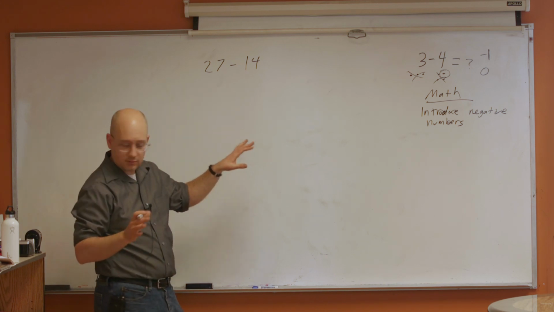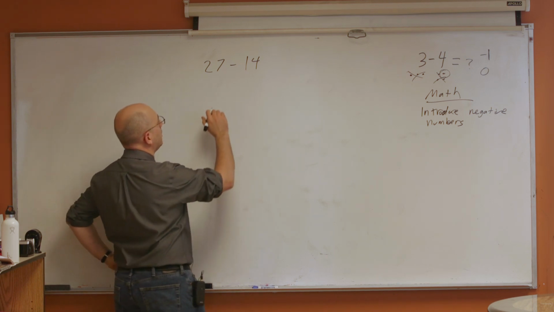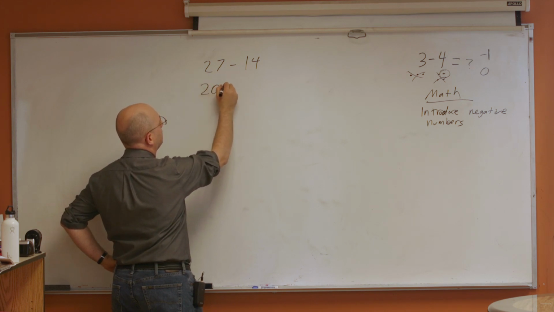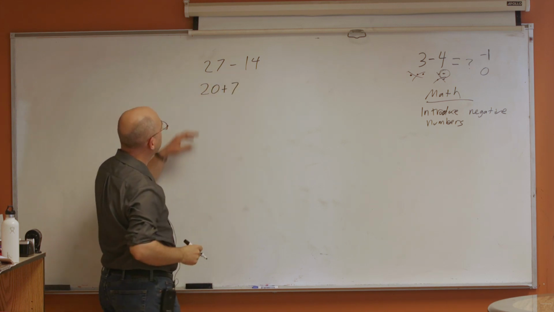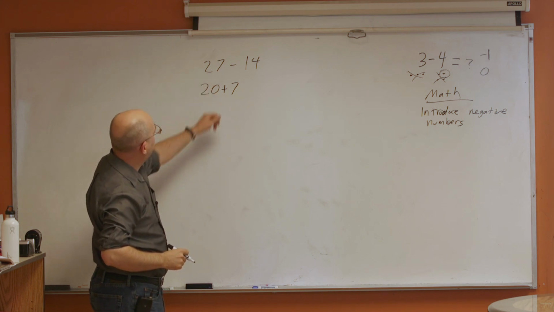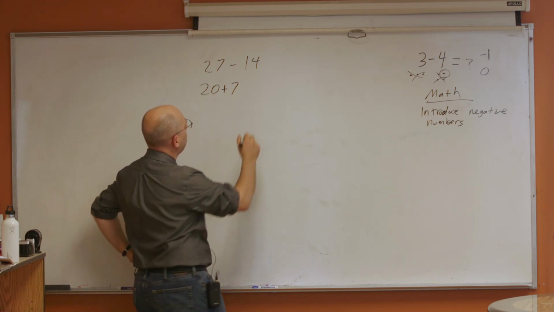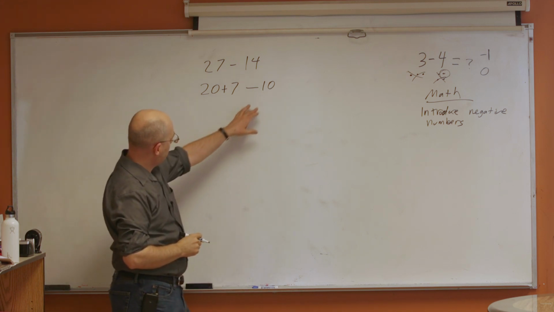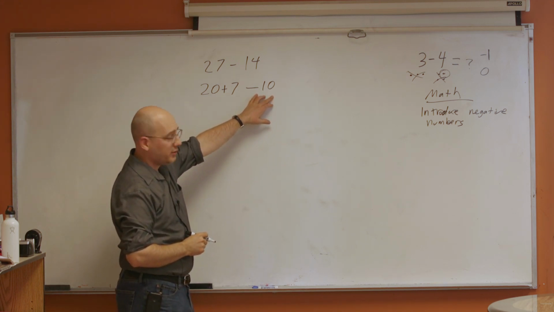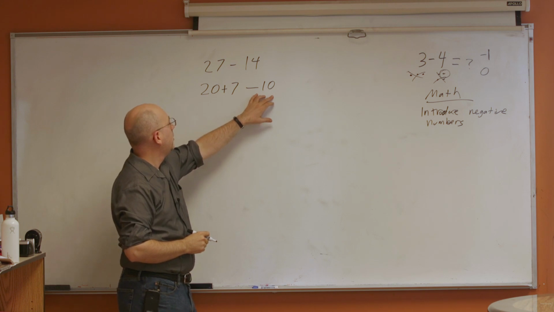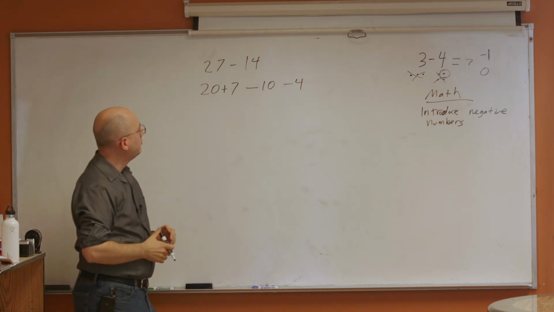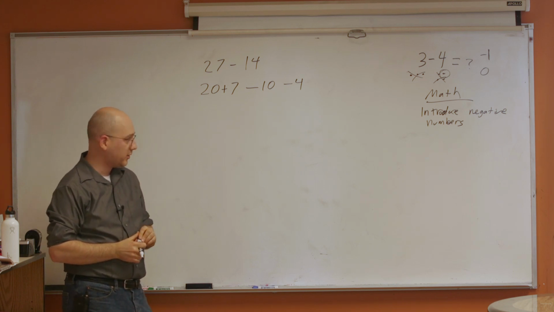So we can try it the way that we did the addition, only by expanding it. 20 plus 7. Got 2 bundles of 10 and 7 units. And then I have 1 bundle of 10 and 4 single things that I want to take away.